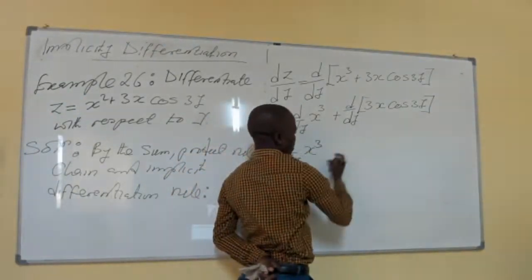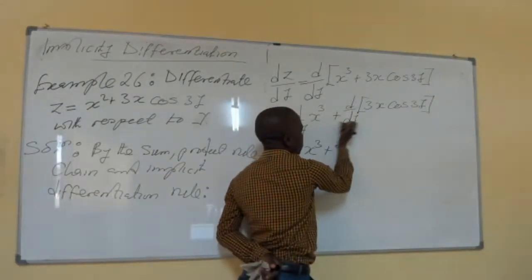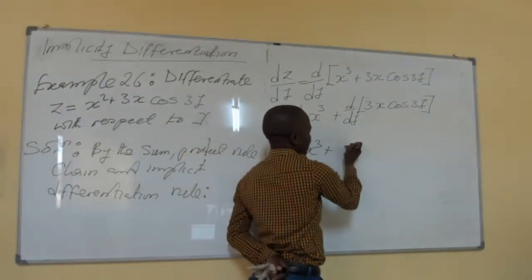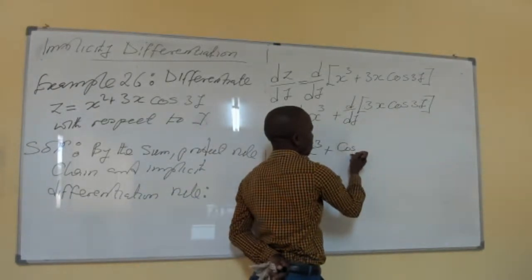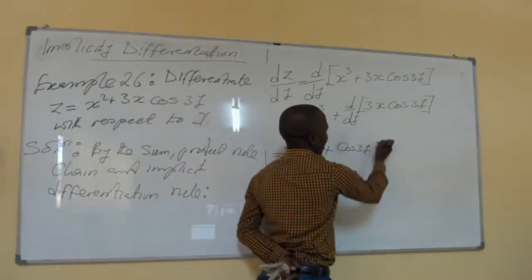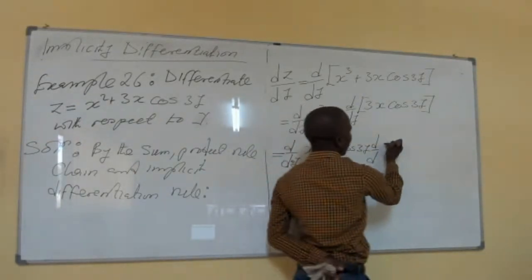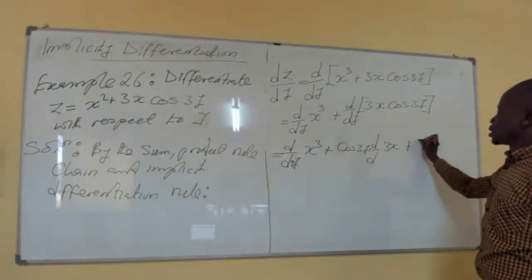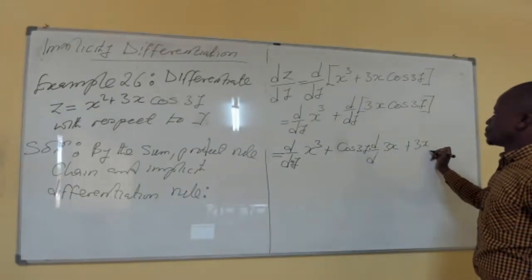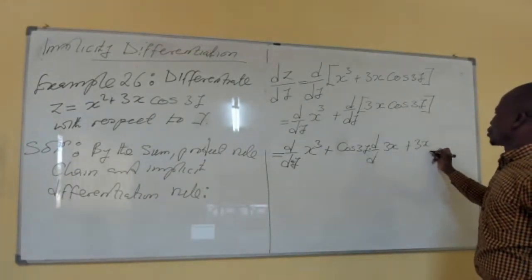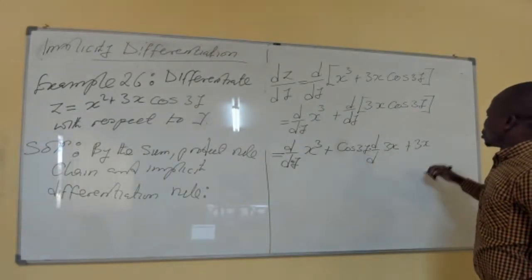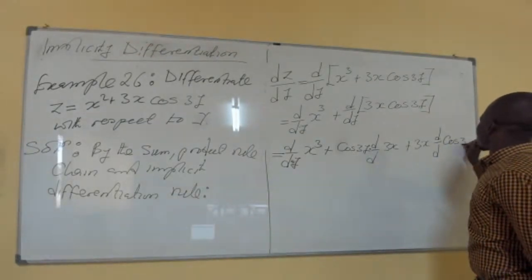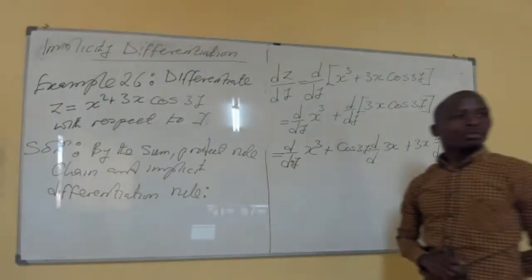Now we are applying the product rule there. This will give us the cosine of 3y times the derivative of 3x, then plus 3x times the derivative of the cosine of 3y, isn't it?